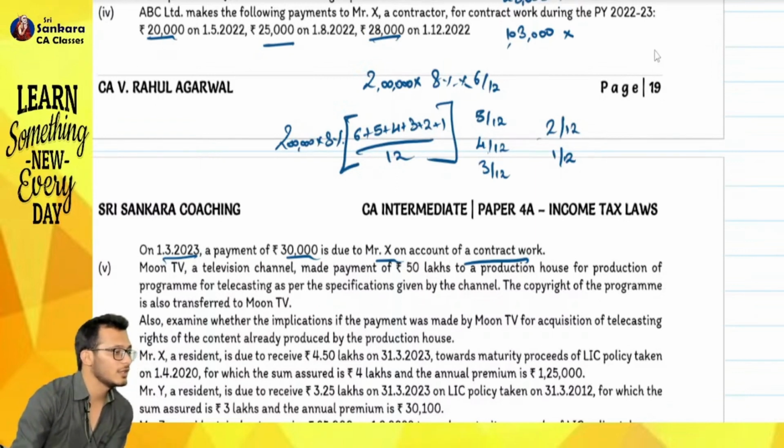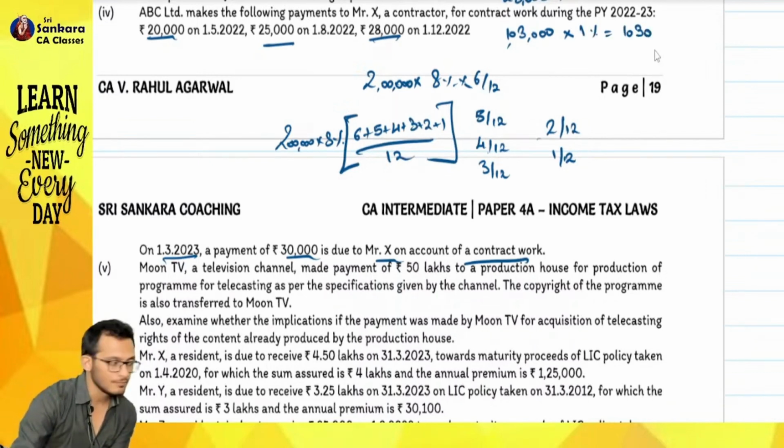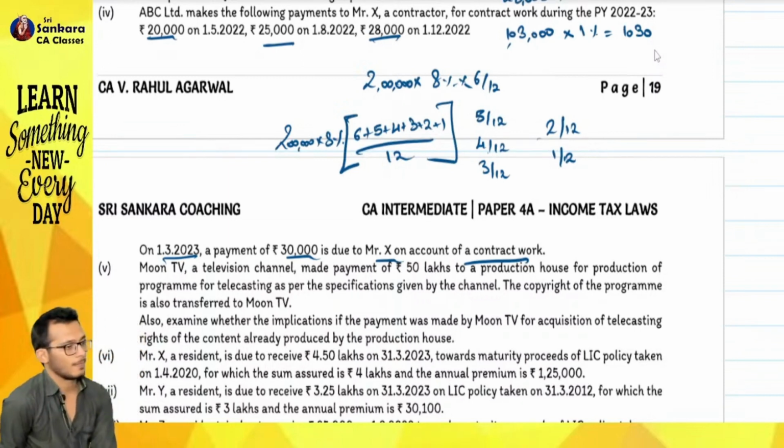Will you look at the receiver or the payer? Receiver. 194C says check the deductee. Deductee should be an individual. In this case, Mr. X is the contractor who is an individual. Therefore, it is 1%. Yes or no?